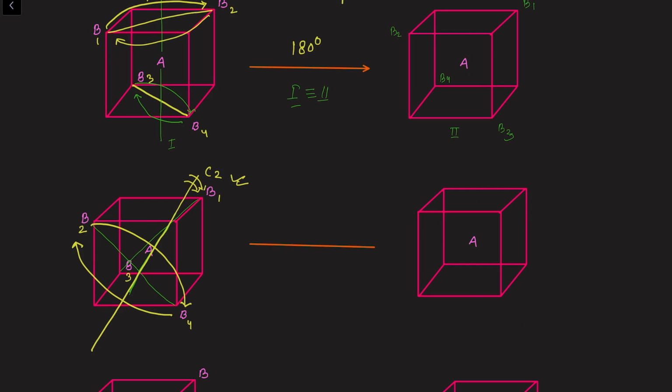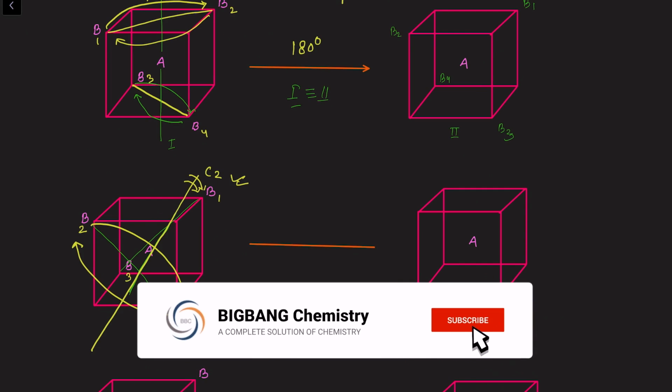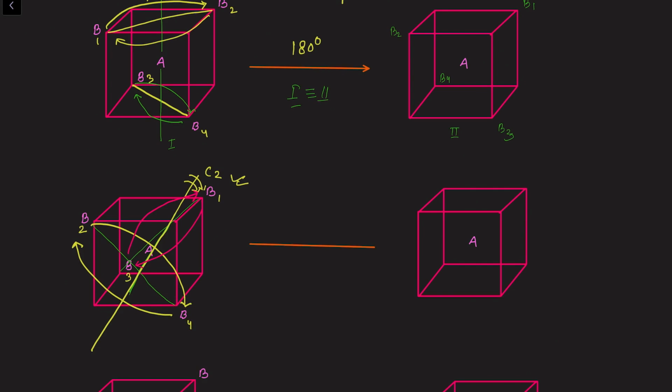On the back surface, B1 will interchange its position with B3 and B3 with B1. Now do all the interchanges. On the front face, here B4 will come, here B2 will come, and on the back face, here B1 will come, here B3 will come. Again the first structure is equivalent to the second one. That's why this rotation by 180 degrees gives one proper axis of rotation, C2. So the second C2 proper axis of rotation is done.